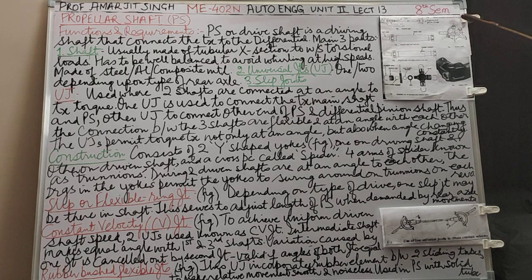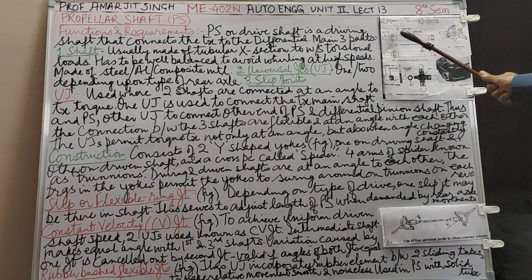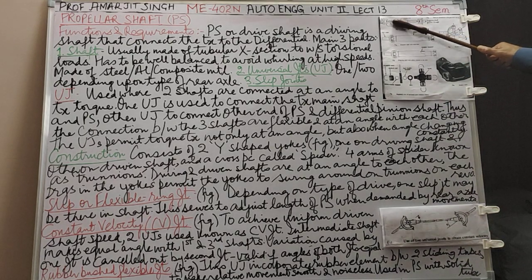This is one shaft, this is another shaft, an angle is being made, and this is called a Hooke's joint, a type of universal joint when it is at an angle. Now, as I mentioned earlier, the back axle is generally lower down at an angle. So if there's an angle, you will use two universal joints. If there's no angle, then one universal joint is sufficient.